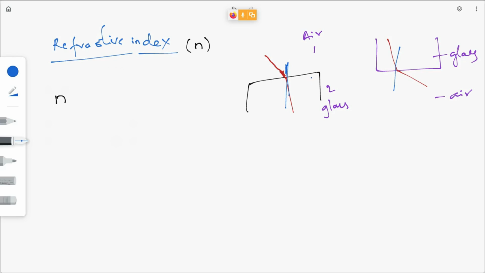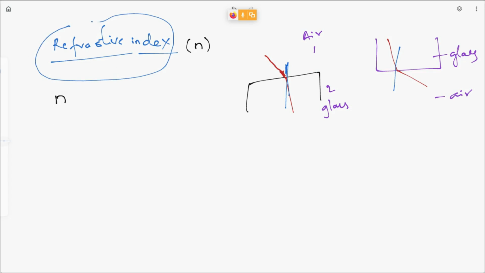See here, we all know that when light travels from one medium to other medium, it bends, right? Because of the change in speed of the light. So now we need a property of a pair of media to define this bending. The extent of bending is defined by this refractive index. So how to define this now?